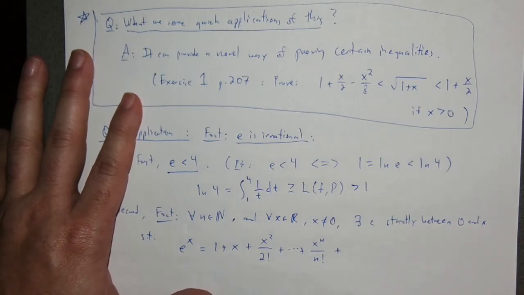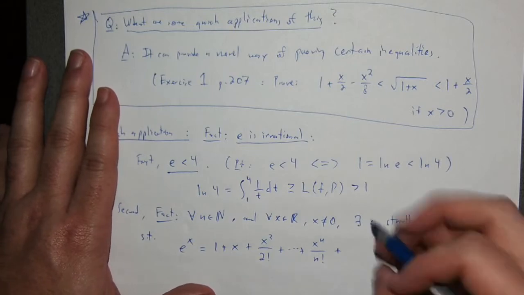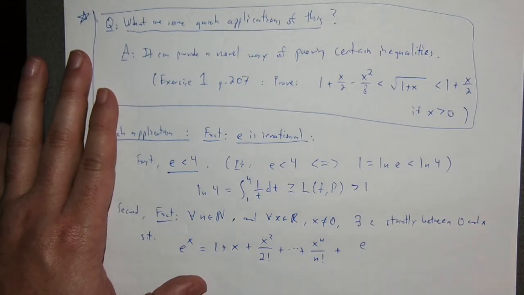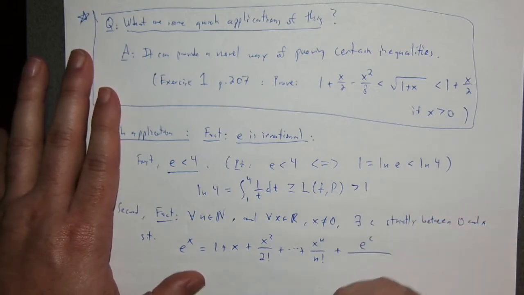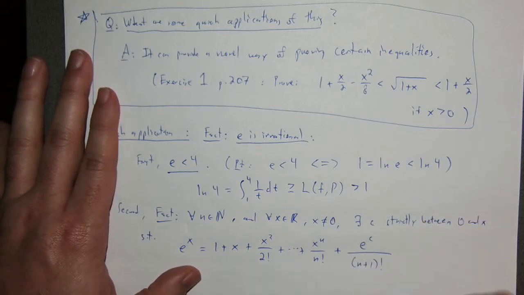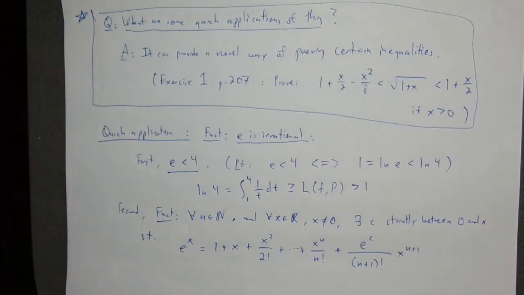So this is my nth Taylor polynomial, and this last term comes from my remainder. So this is e to the c over (n plus 1) factorial times x to the n plus 1. There we go. Okay.